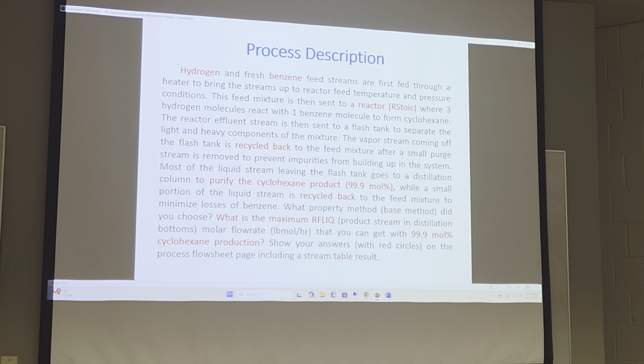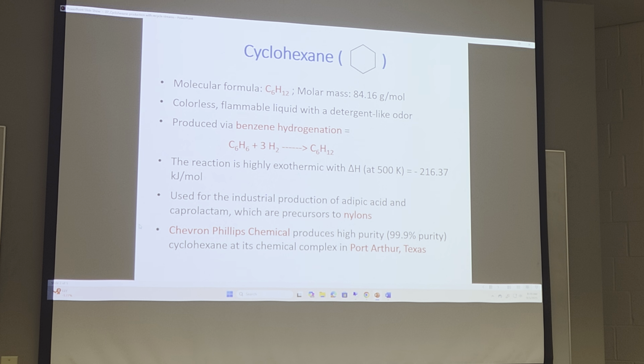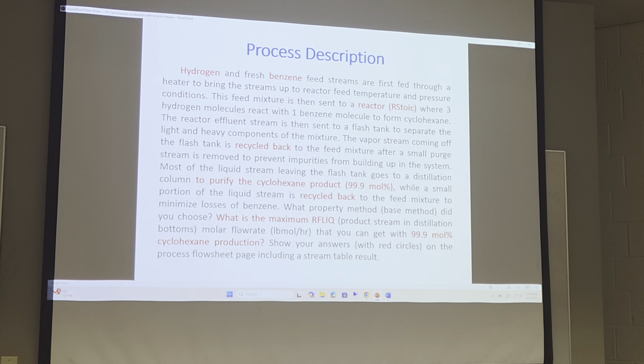Why? As a company, what was the company? Chevron Phillips. They want to get the maximum cyclohexane production rate from which stream? The bottom stream of the distillation column. But consumers' demand is 99.9%.